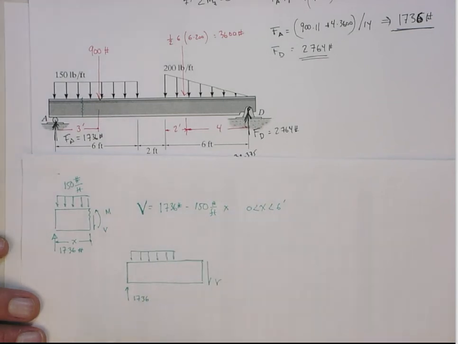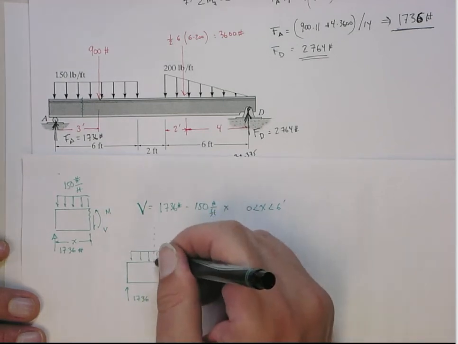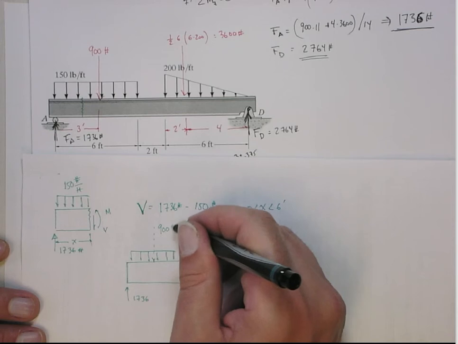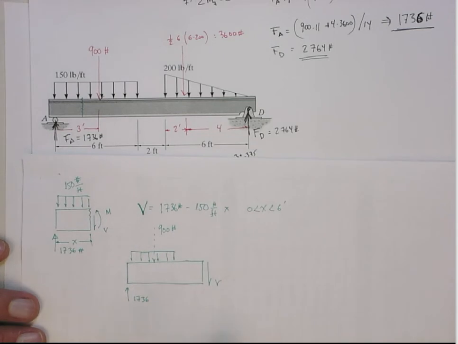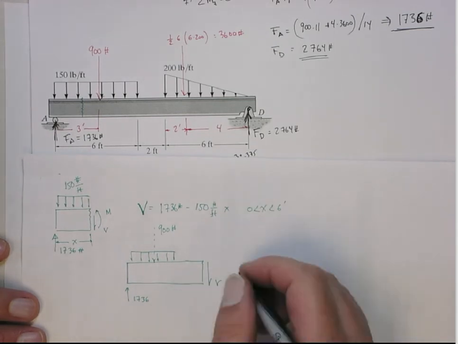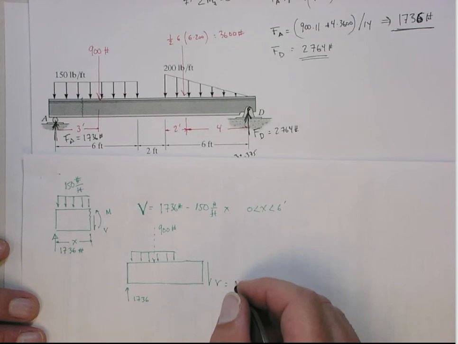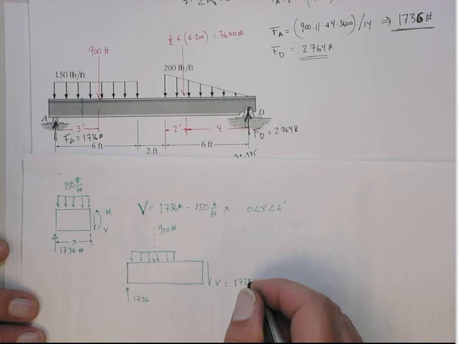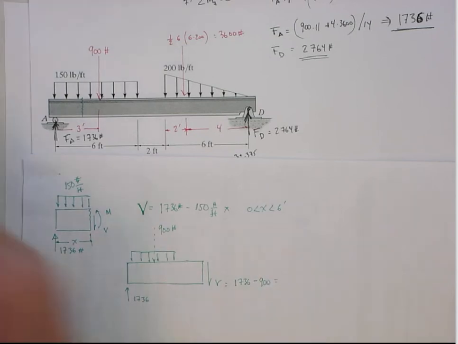Here we'll see the whole length of it, so we know that this has the net 900 pounds down. So actually at this point, the V is going to equal 1736 minus the 900.